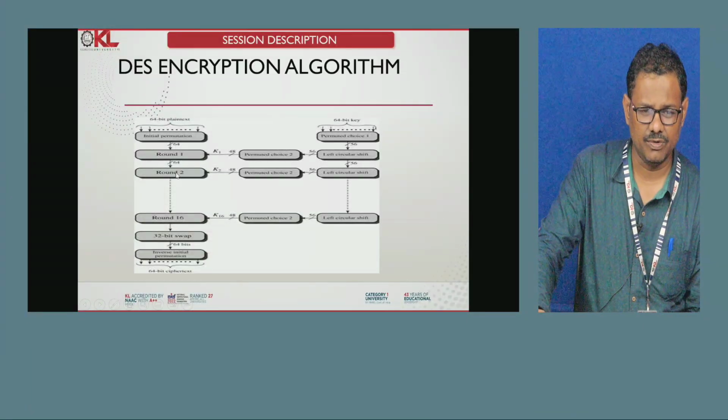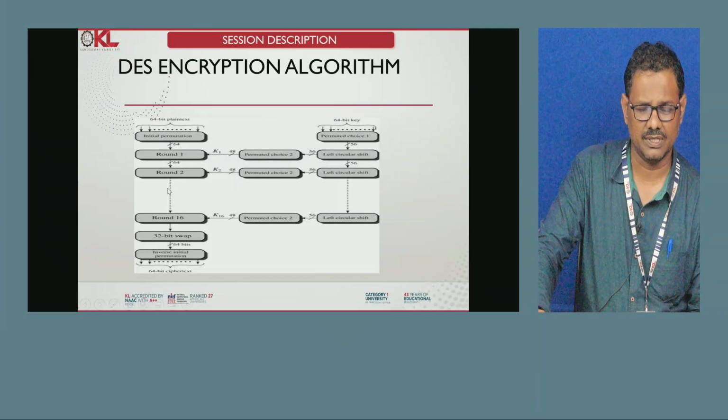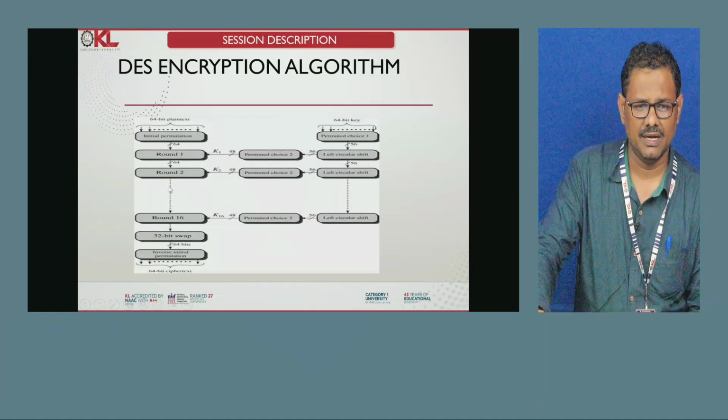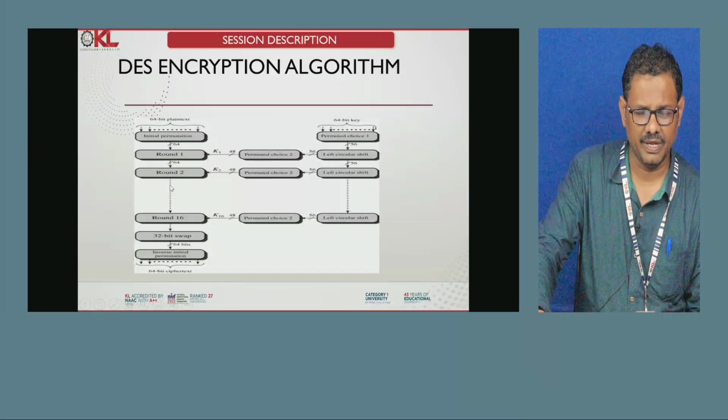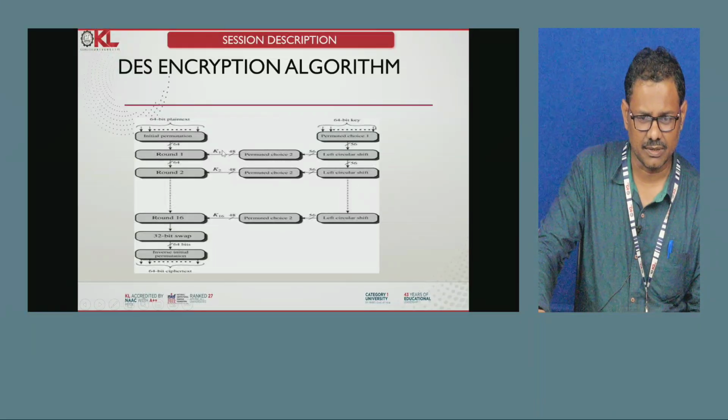Round 2 takes input from the round 1 output. The output of round 2 acts as input to round 3. So finally we can say the output of the previous round acts as input to the next round. In a similar way, we are parallelly creating 16 keys. Finally, we get the round 16 data.